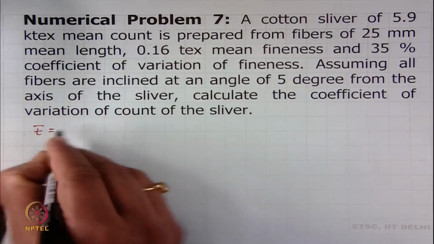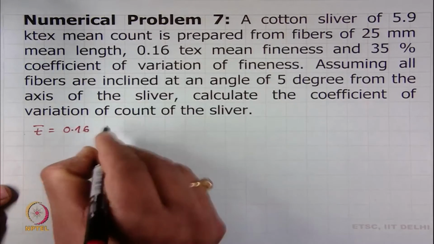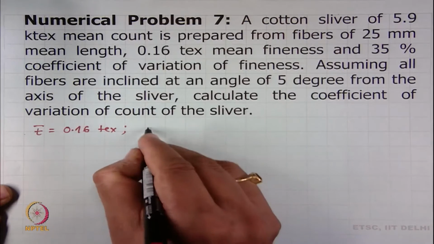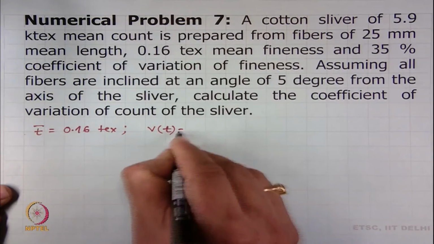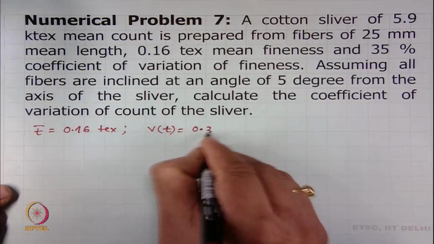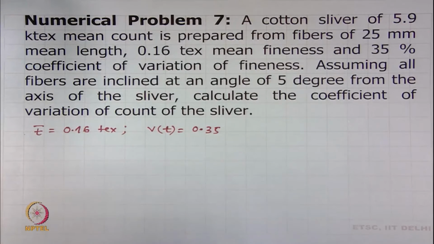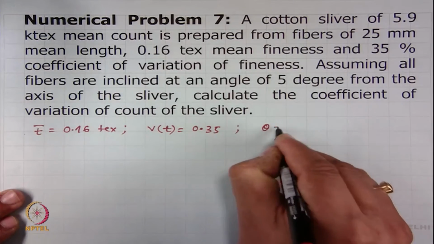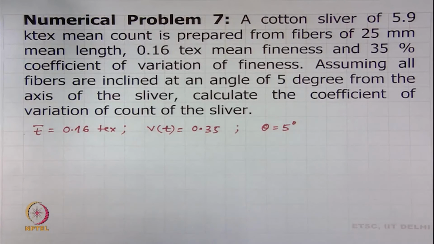This is given, tex, this is also given, assuming all fibers are inclined at an angle of 5 degree from the axis of the sliver. Calculate the coefficient of variation of count of the sliver.